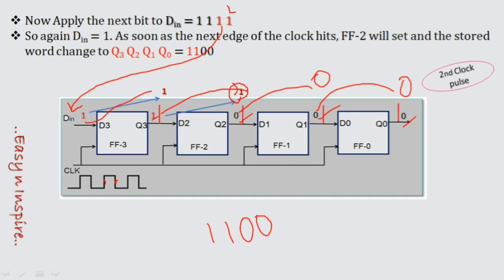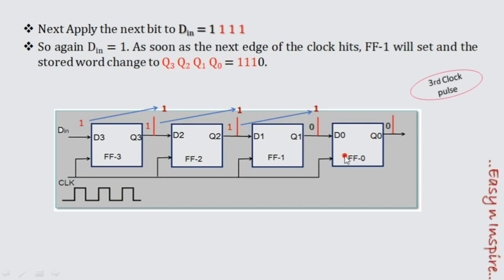Now we will see after the third clock pulse. Previously what is the output? 1, 1, 0, 0. First of all you need to make a note of this, and after that this one is going to be applied here. For this flip-flop, 0 is input, so 0 is output.